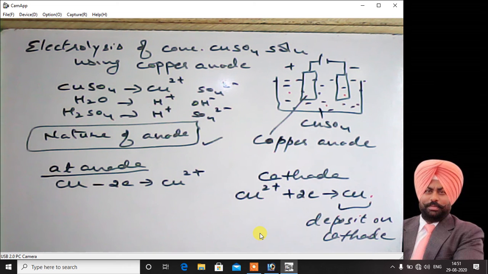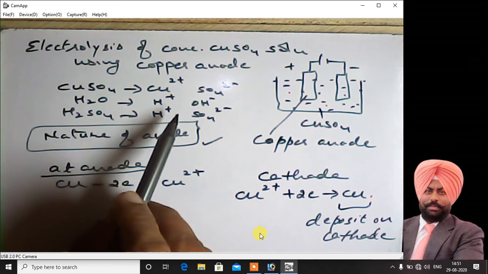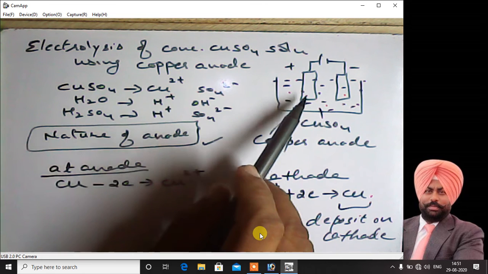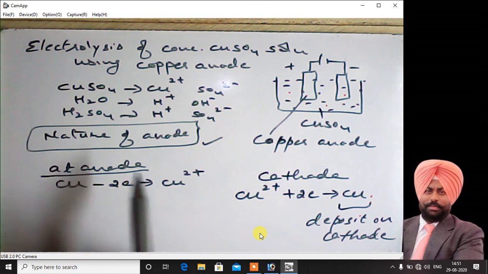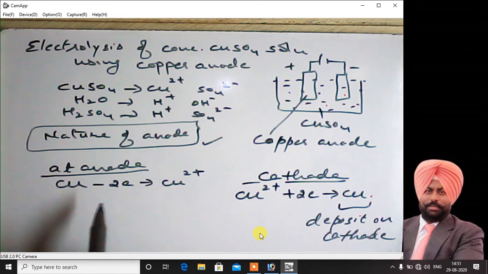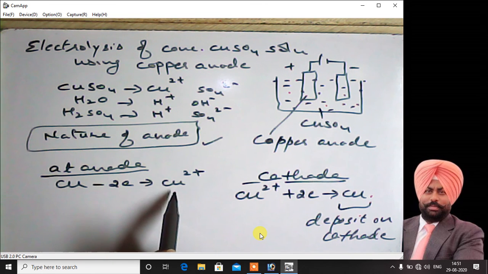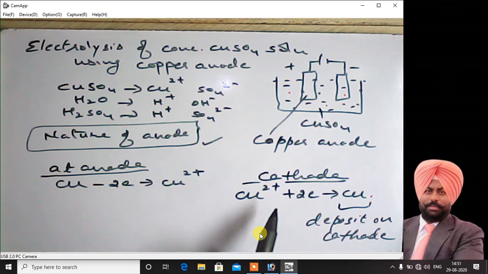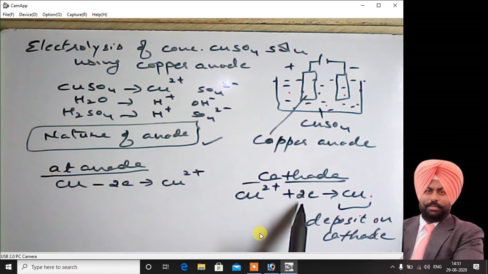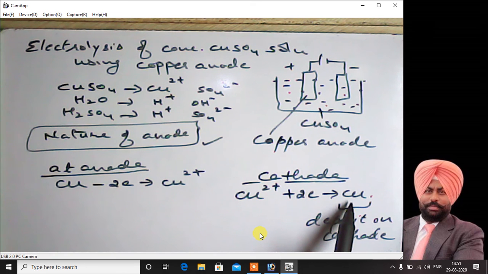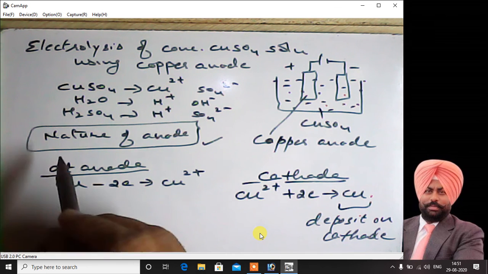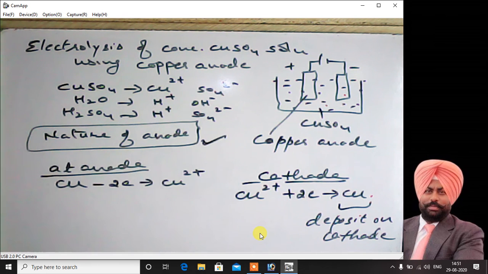So here you have to understand that no ion will migrate towards anode, but anode instead will make copper 2 positive ions, and these copper 2 positive ions will migrate towards cathode, and at cathode it will gain 2 electrons and it will form copper neutral atom. So this is the process which takes place in the nature of anode.